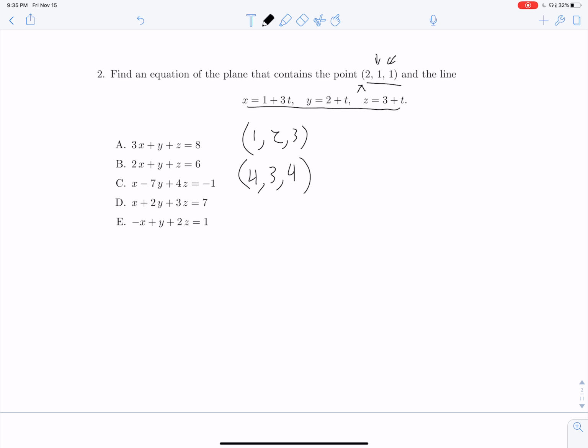All we're doing is seeing how we have to travel from this point 2, 1, 1 to get to 1, 2, 3: we go 1 unit down, 1 unit up, and 2 units up. And for the other point, we go 2 units up, 2 units up, and 3 units up. That's just how I think of it. I know you can set up a subtraction and get the same thing, but I like to do that.